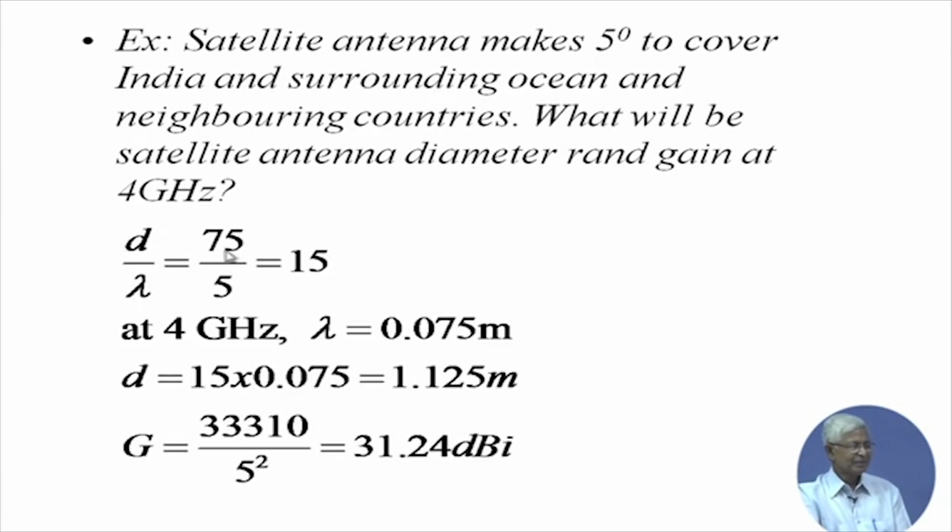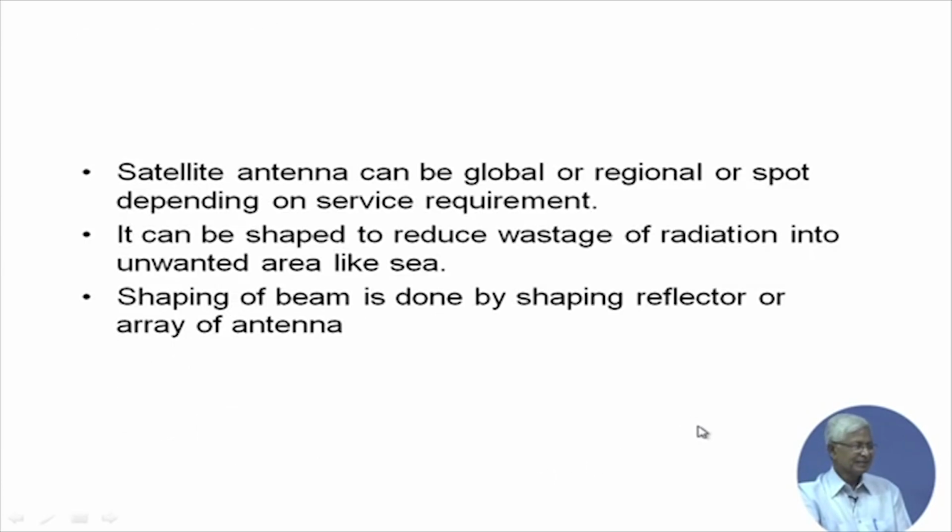So, you get d by lambda is 75 by 5 is 15, at 4 gigahertz lambda is 0.075, d is 1.125 meter. So, 0.33 meter has become 1.125 meter, and gain is increased to 31.24 dB. So, that is just roughly to show you some thumb rules of the antenna calculation.